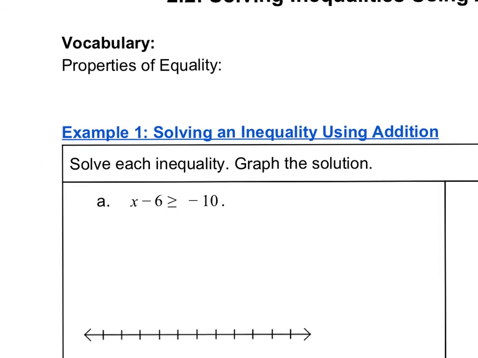One of the biggest similarities is that we use these properties of equality like we did to solve equations, which basically says whatever you do, whether it's add, subtract, multiply, or divide, you have to do the same thing to both sides of the inequality. So let's write that down.